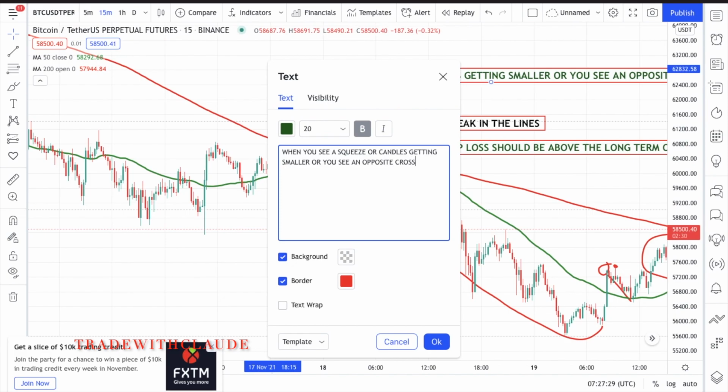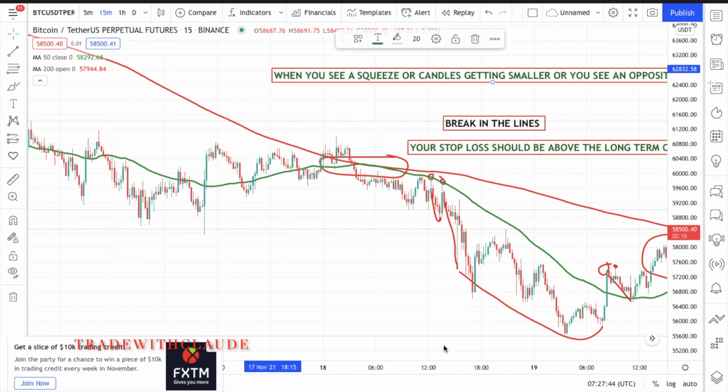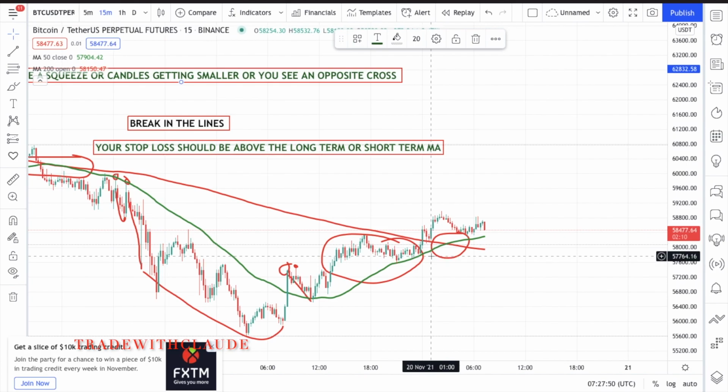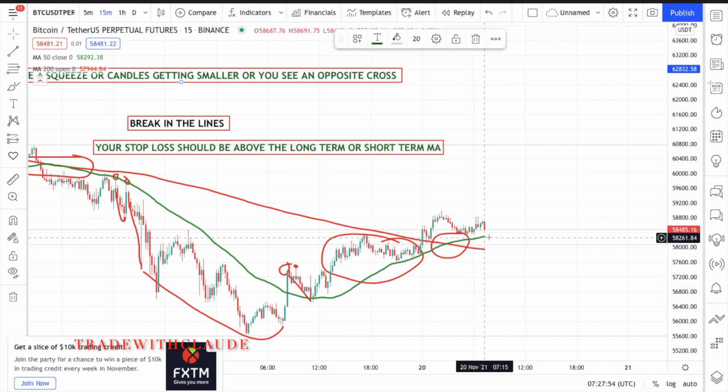So what does this opposite cross mean? Let's say we are trading the dead cross. Then opposite means when you start seeing a golden cross. Just for instance, you are on this dead cross, and you start seeing this golden cross and this squeeze. It's a good sign to make an exit. The squeeze, and you start seeing this confirmation.